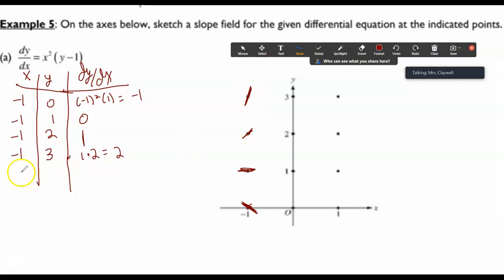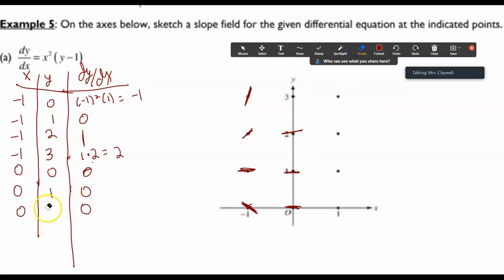So I've done all my -1s. Let's do all my zeros. 0, 0, I'm just going to get a -1. Oh, 0, sorry, I was being silly. 0, 1, I get a 0 again. We're going to see that anything that has a 0 as my output is going to be a 0.